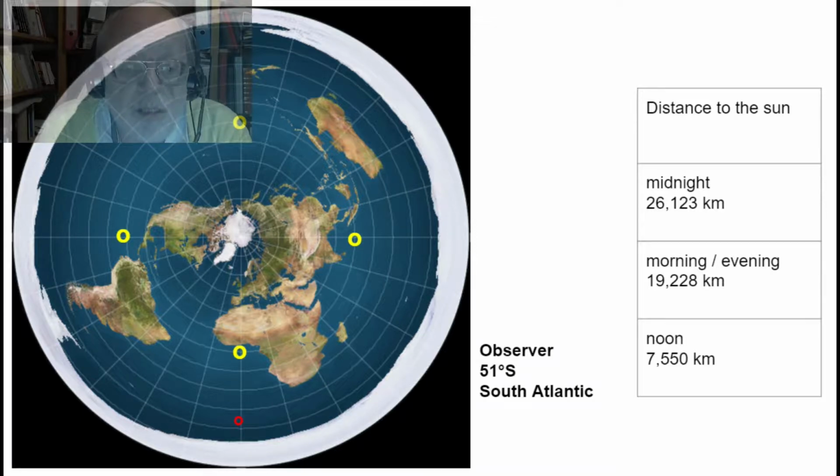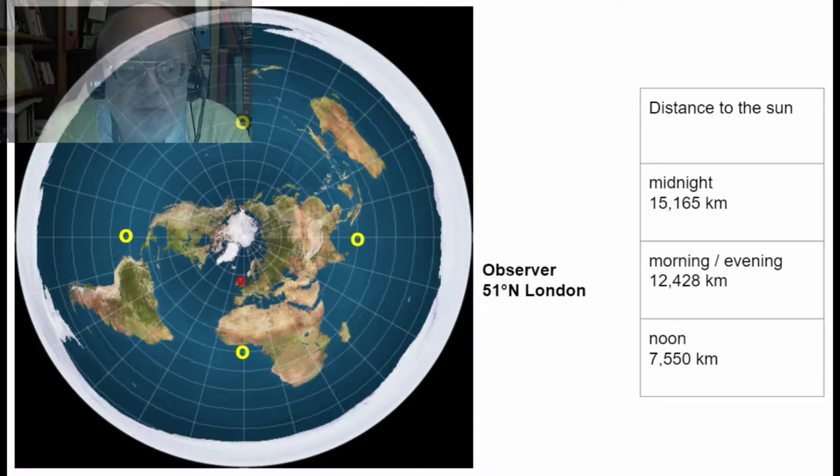At midnight the Sun is at 180 west-east, that is 25,641 kilometers away. The distance between the Sun and the observer then is 26,123 kilometers.